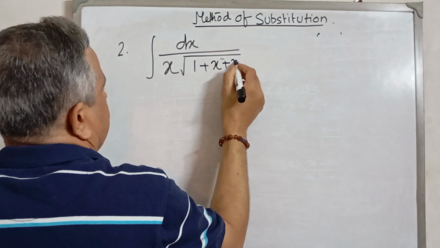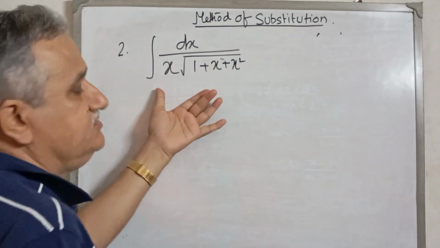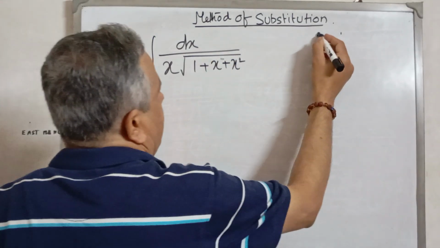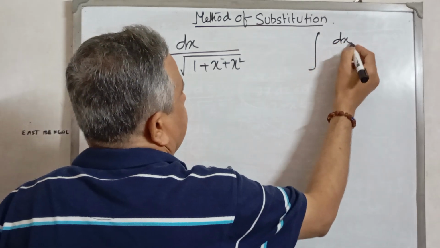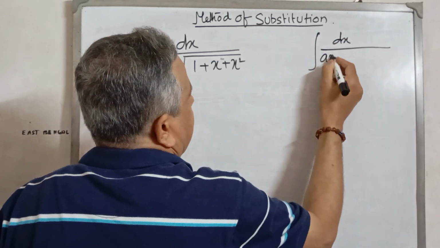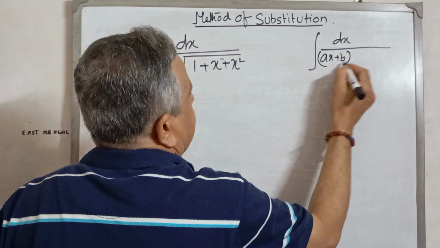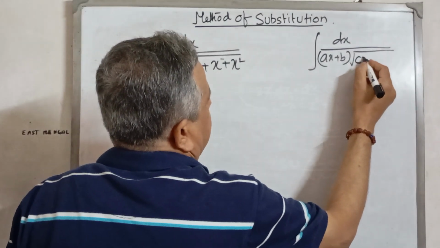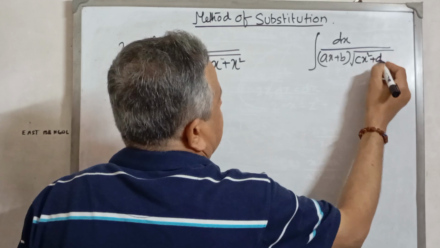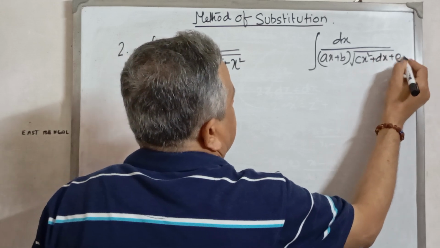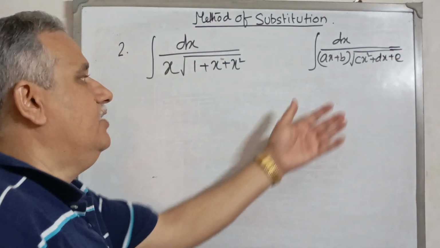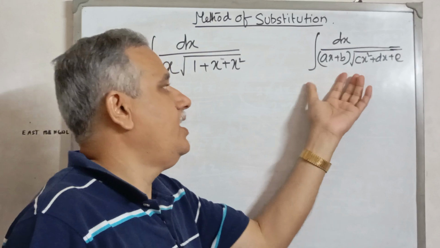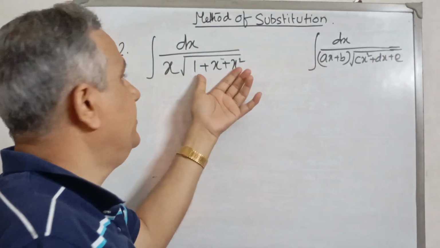Sorry, 1 plus x square. In this type of form, outside the root is a linear form, say ax plus b, and inside the root is a quadratic form, say cx square plus dx plus e.